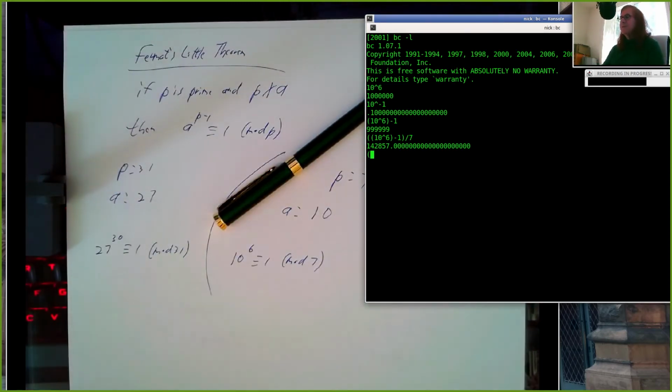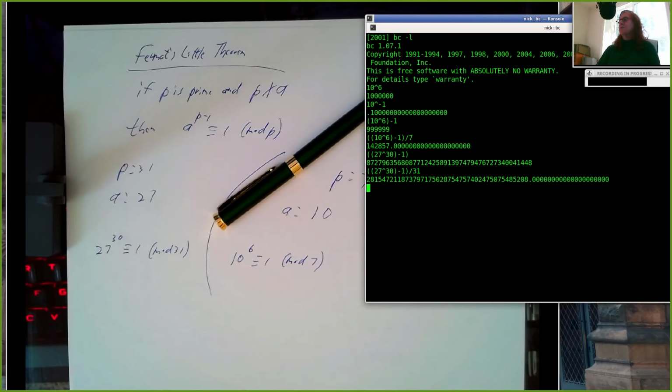So let's look at 27 raised to the 30th minus 1. That's a big number. If we divide it by 31, it's a whole number. So it's kind of remarkable, right? Because a to the p minus 1 can be a really big number, and it's always one more than a multiple of p.